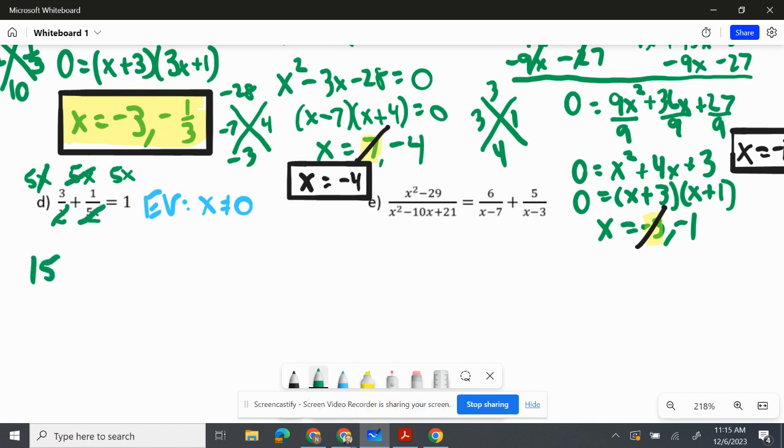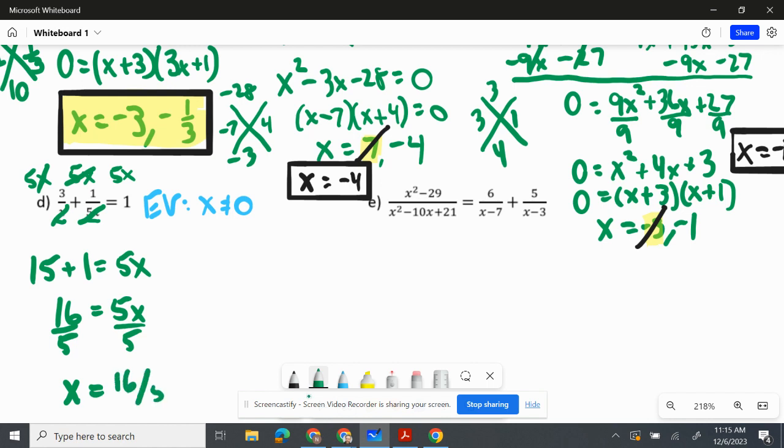The 5x's cancel, and that gives us 1, and then 1 times 5x is 5x. Add them up. 16 equals 5x. We divide it by 5, and so x is equal to 16 over 5. Notice that that's not equal to 0, so that's why that answer works.